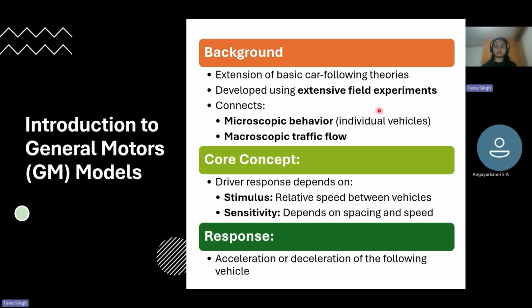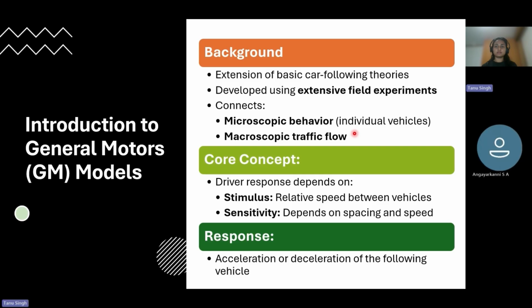Another key contribution is that it helped to bridge the gap between the microscopic behavior and the macroscopic traffic behavior, where microscopic deals with the individual vehicles, whereas macroscopic deals with the traffic stream as a whole.